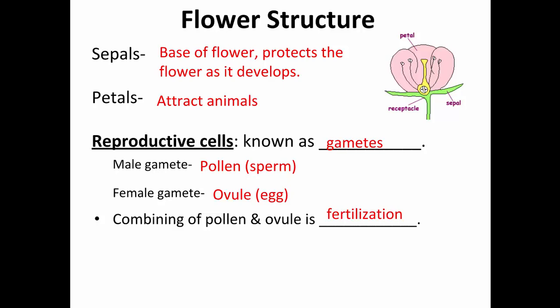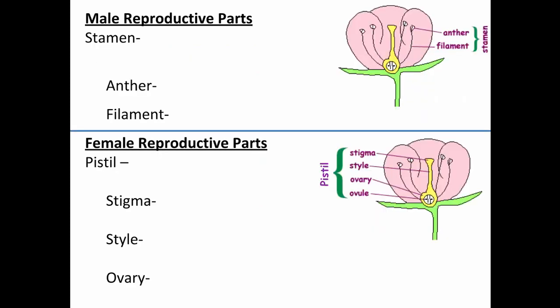So fertilization is when that pollen grain from a male reproductive structure lands on the stigma, the female reproductive structure. The sperm cell travels into the ovule, fertilizes an egg cell, and then a little baby plant is born.